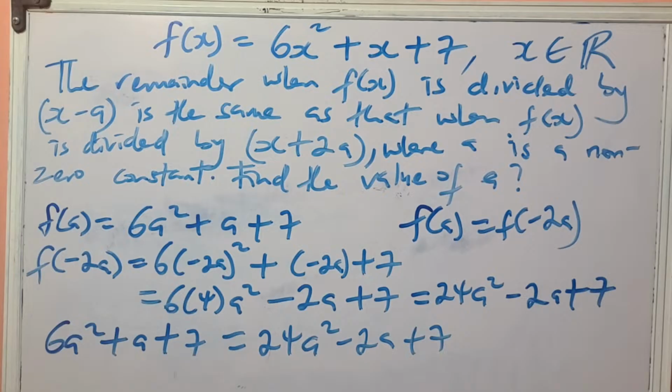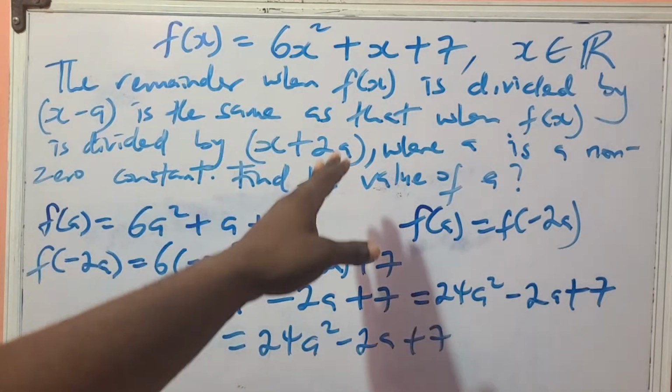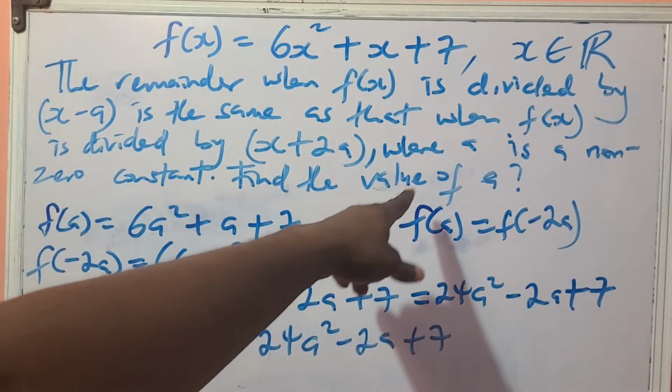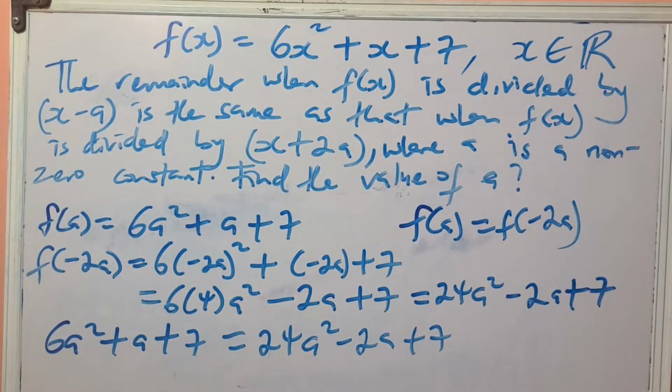Now, from here, I believe everybody should be able to solve this, because don't forget the final question was for us to find the value of a. This was based on the word problem. The word problem said that when we used x minus a, it is the same as when we used x plus 2a. This is the expression that expresses that. All right. So go on now to try and solve this.